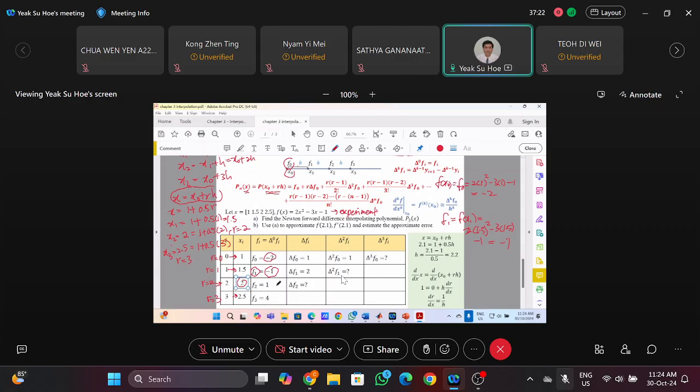Sometimes in the exam, we provide this function. Sometimes we didn't provide this function. We just give you this data. Everyone clear? Any questions? Actually, online teaching is a bit difficult, so we need your response and feedback. If you are not clear, then let me know.